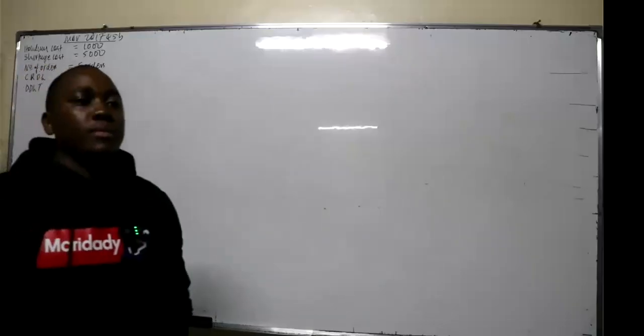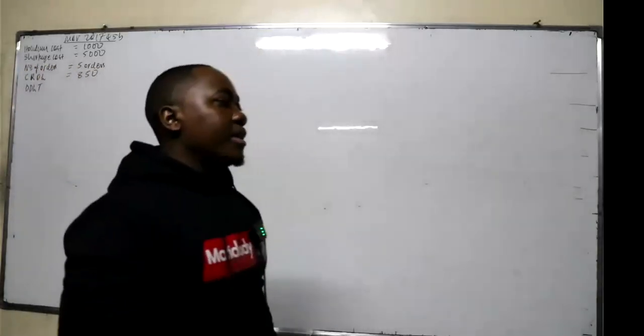So we have the 5 items, including the demand during lead time. Now, our current reorder level is 850. So can you go where you have the demand during lead time? Make sure you spot 850. Can you see it? Yes, it must be there. So now that's what I want. 850, 900, 950, 1,000, 1,050, 1,100.